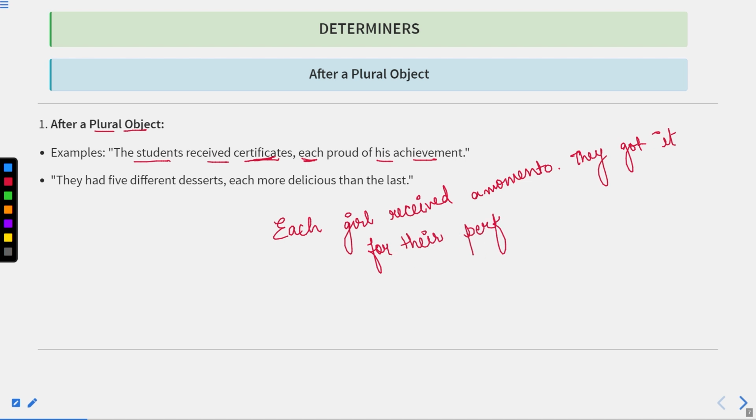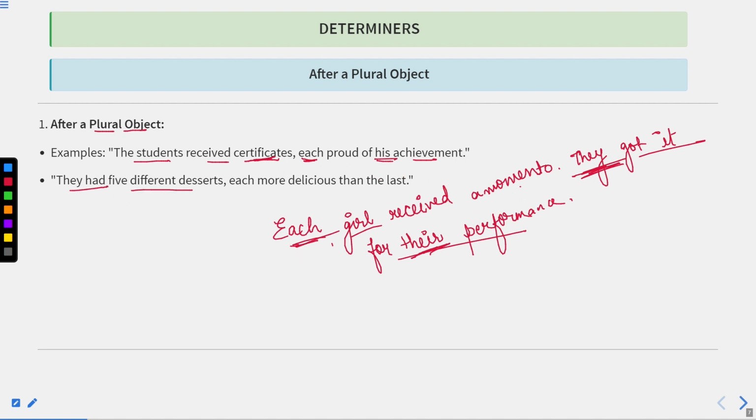Now, if you see this sentence, there is something different in this. What is it? Each girl received a memento. So here we are talking about each and every girl. But obviously, if each girl is there, there must be a group. And if I'm using the word they, they got it for their performance. So here we'll use their for the word they, but for each we should use his.